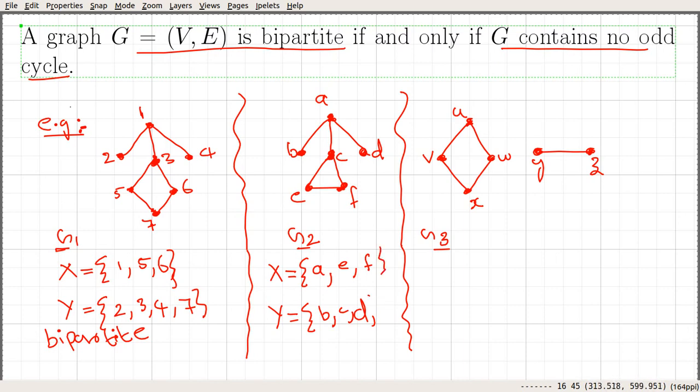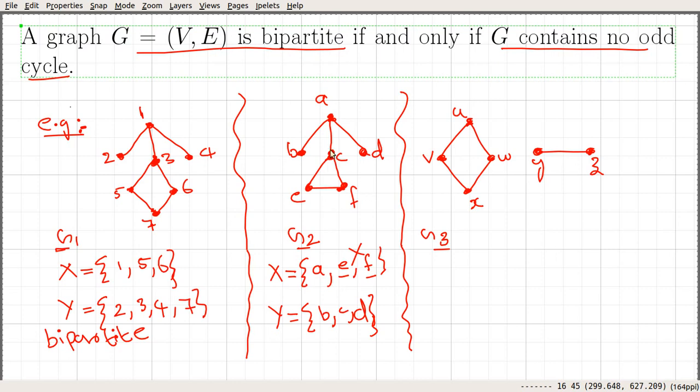Let's consider these two sets. Here we can see that there is an edge between E and F, which are both in x. That is not a valid partitioning with respect to bipartite sets. If you try hard, we won't be able to come up with a partition for the vertices of this graph.